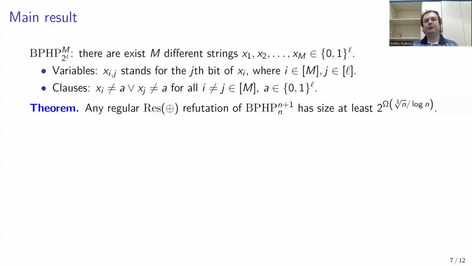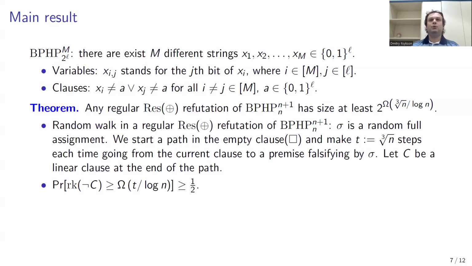Let us start with a high-level overview of the proof strategy. We consider a random walk in the regular resolution refutation of the binary pigeonhole principle. We choose a random full assignment sigma and start the path in the empty clause and make t steps.